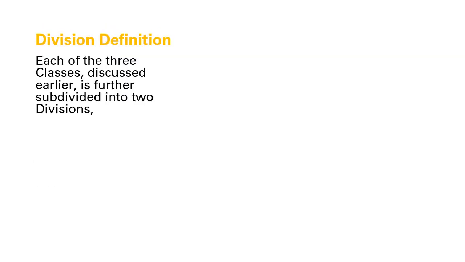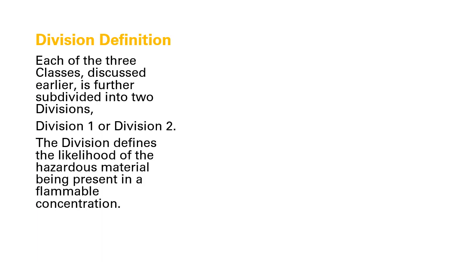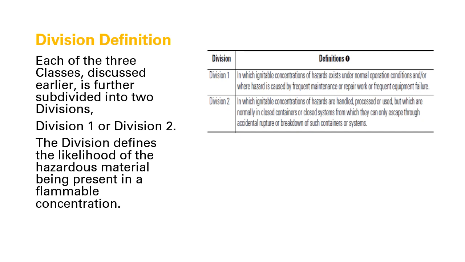Now, division definition. Each of the three classes discussed earlier is further divided into two divisions, Division 1 and Division 2. Division defines the likelihood of the hazardous material being present in a flammable concentration. Division 1 means the ignitable concentration of the hazard exists under normal operating conditions, or where hazard is caused by frequent maintenance or repair work or frequent equipment failure.